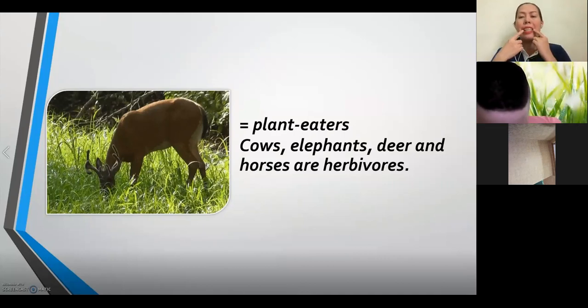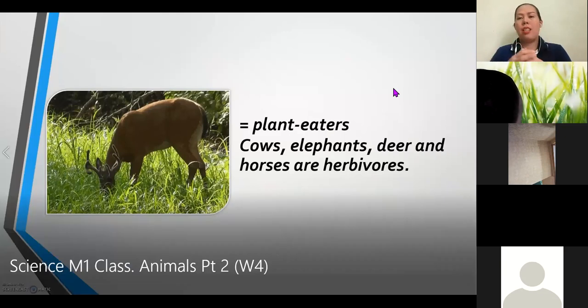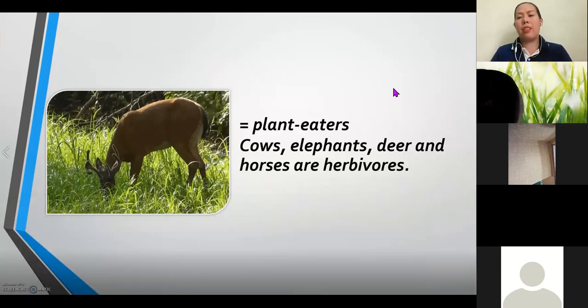And their teeth are wide and flat, like the horses and other herbivores. Their teeth are designed to grasp and grind grass, plants, and trees.